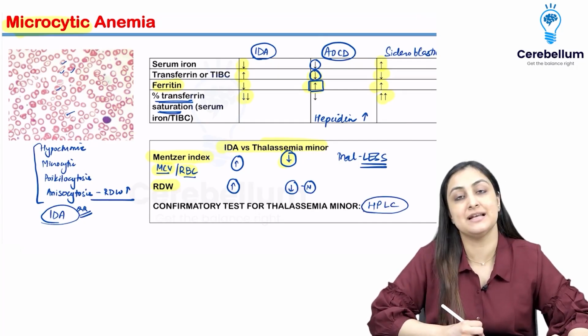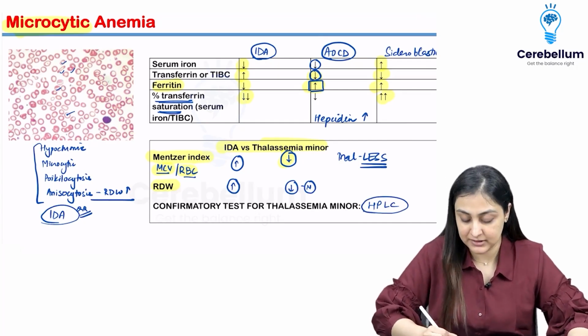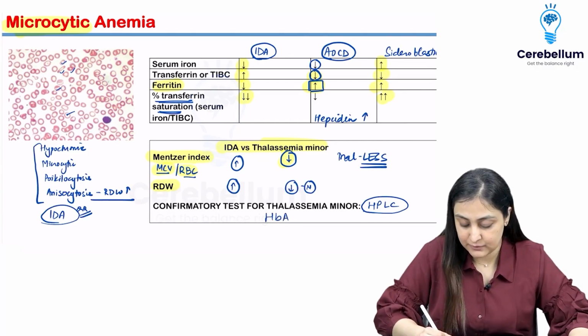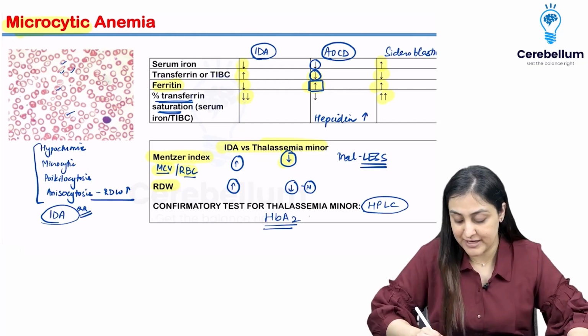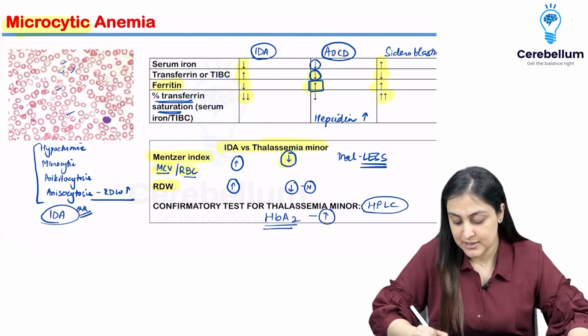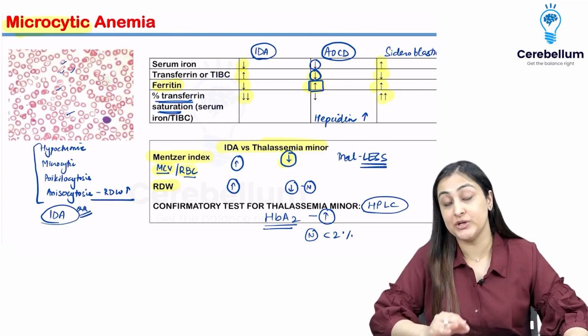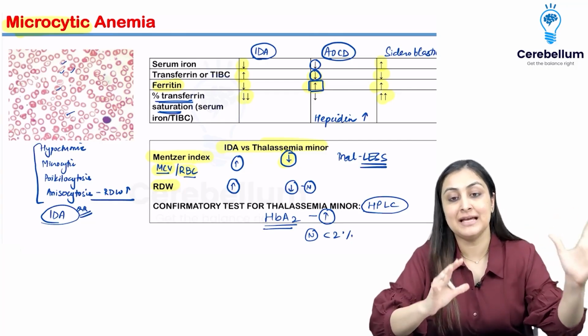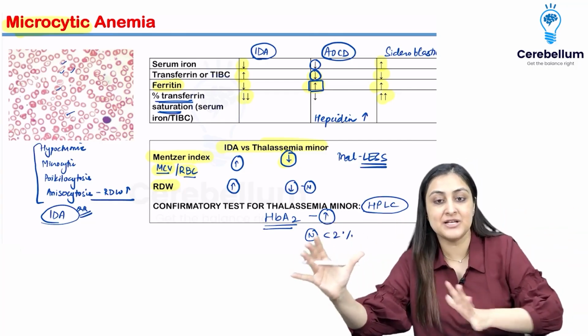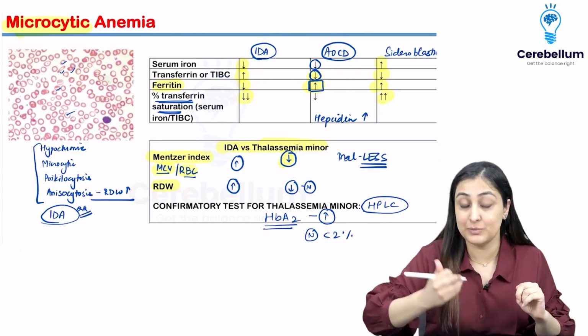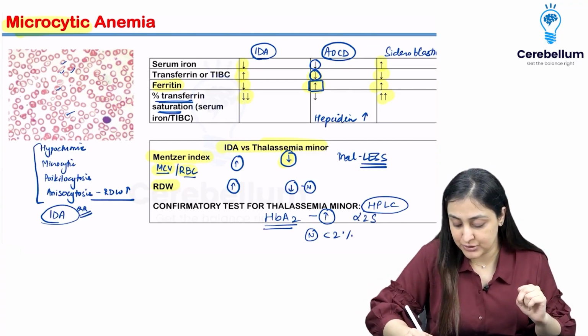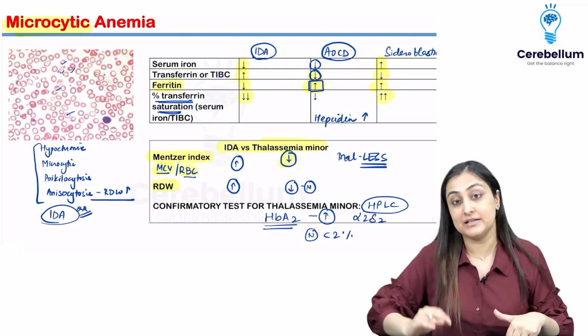So HPLC is the investigation of choice for Thal minor. Here in thalassemia minor, what you're going to do is an estimation of HbA2 which is raised. So in normal people it is less than 2% HbA2, but in Thal minor HbA2 increases. Remember, in Thal major hemoglobin F increases majorly, but in Thal minor it's hemoglobin A2, so it's alpha 2 delta 2 chains which are increased here.